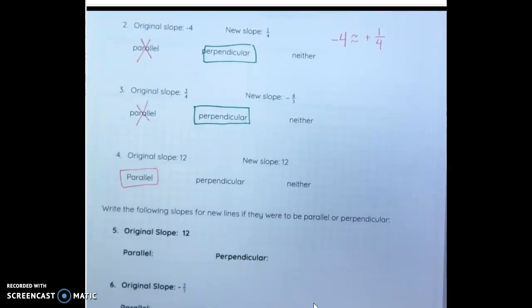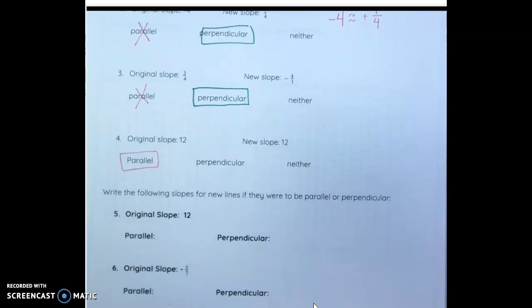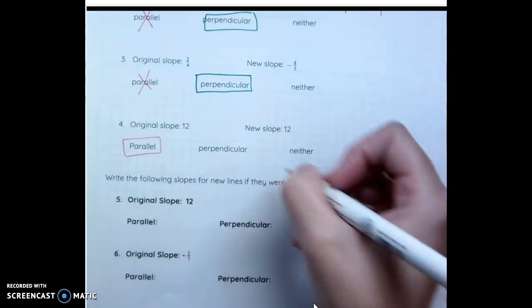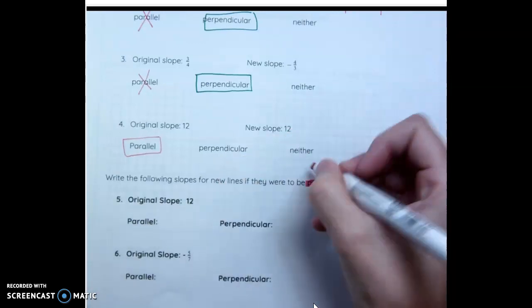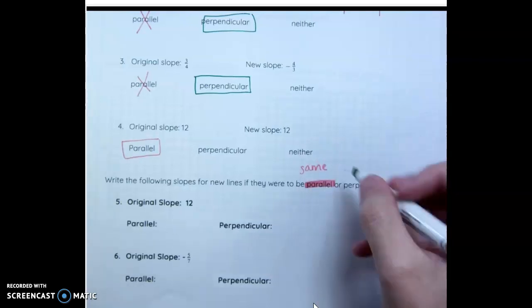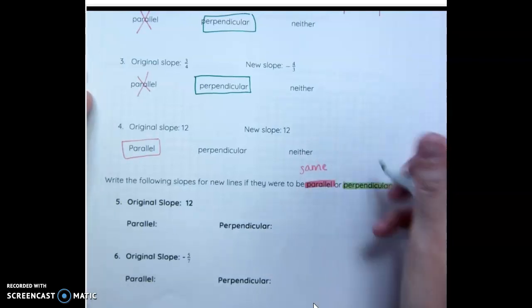Okay, write the following slopes for new lines if they were to be parallel or perpendicular. Remember, parallel means they're going to be the same, and perpendicular means they're going to be opposite.